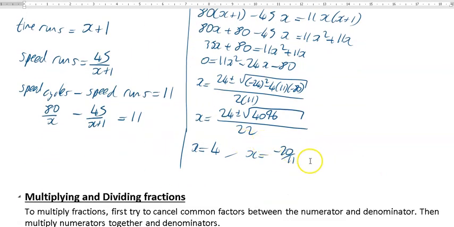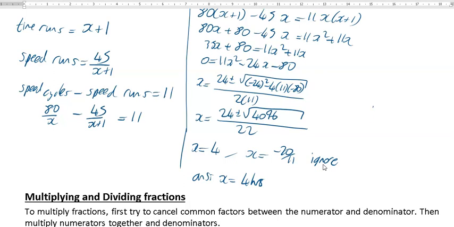You're not going to cycle for a negative time, so we just say here, ignore. You don't have to go into any description of why you're ignoring it, but just ignore that answer because it's a negative. So then your final answer, x is equal to 4 hours, so he cycles 4 hours a week, and that's it.